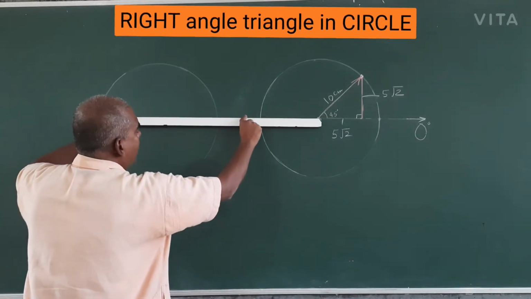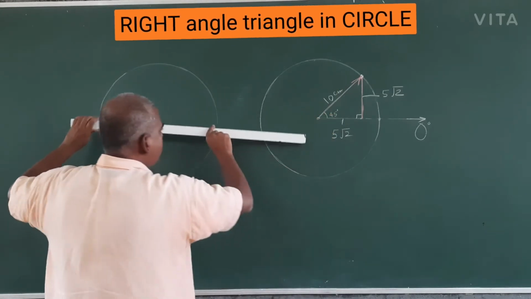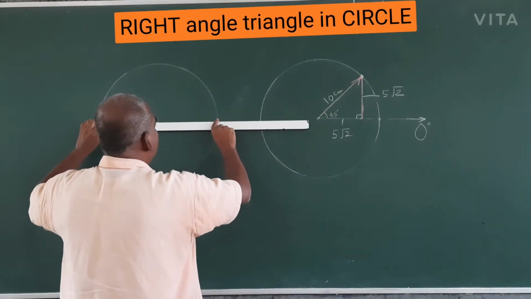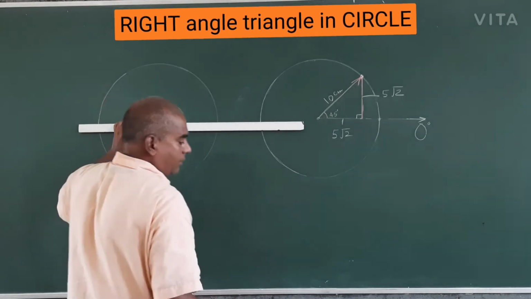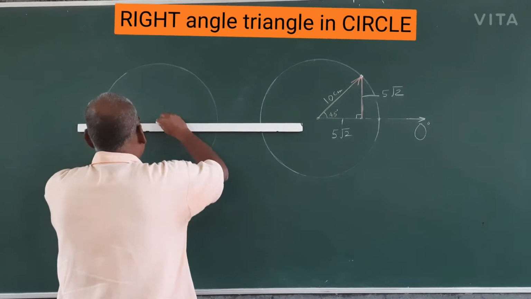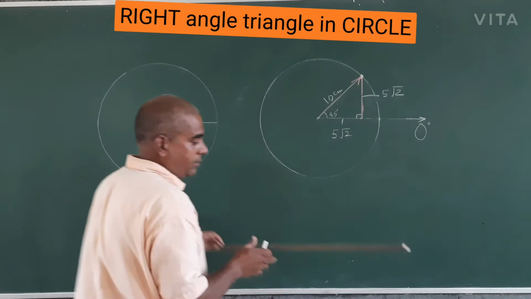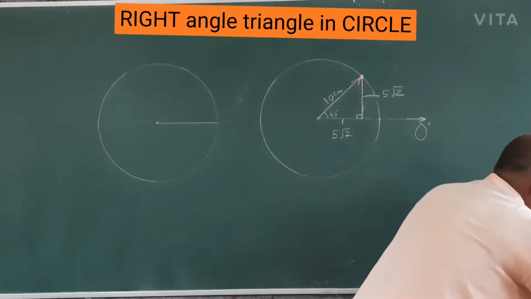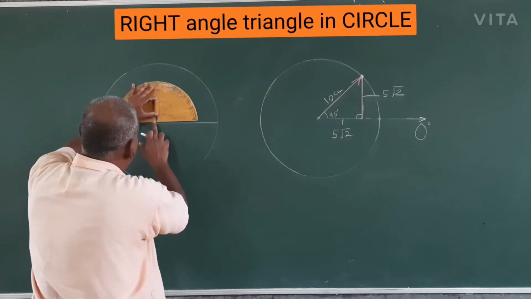Similarly, I can make the same figure here also, but for your simplicity I have taken another figure. So this is 0 degree and your radius has moved 60 degree from here.